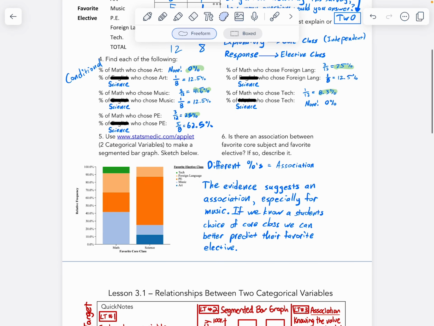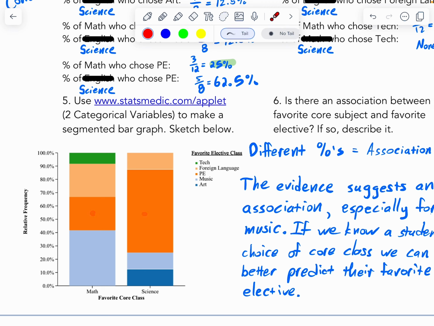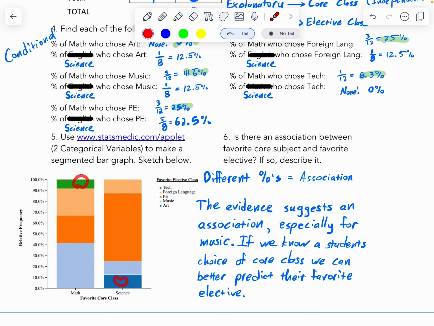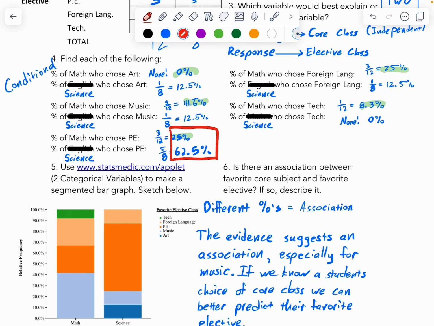It's pretty clear that these percentages are really quite different, especially orange is very different, light blue is very different. There's only one green and only one dark blue. So is there an association? What I'm really looking at is, are there groups that have a very different percent, and a different percent is telling us that there's association going on. So, for example, these two right here are very different.